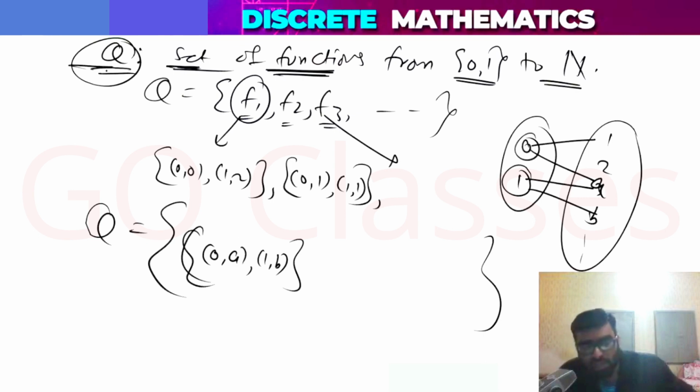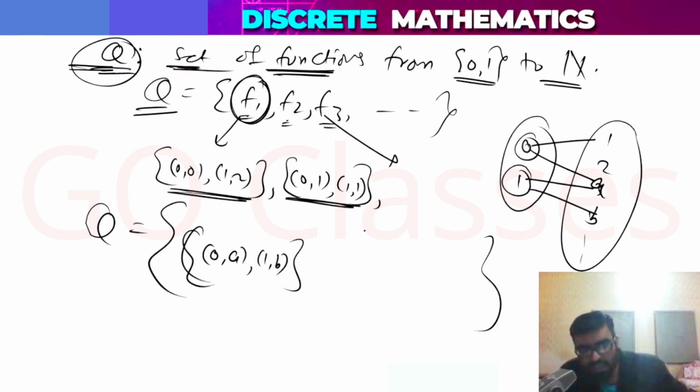You need to understand what this Q is. Right now I am just telling you what this Q is. This Q is a set of functions. So in this Q you have functions f1, f2, f3, f4. These functions are the elements of Q. Now f1 is a function from {0,1} to N, and so is f2.